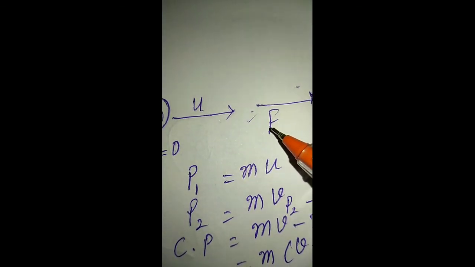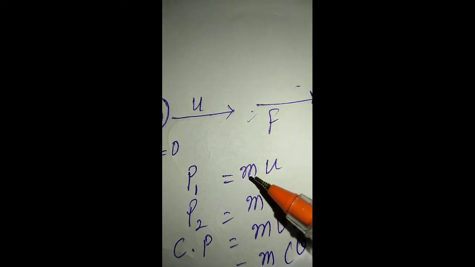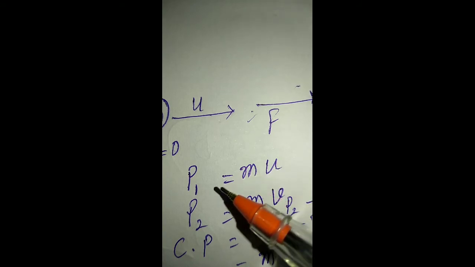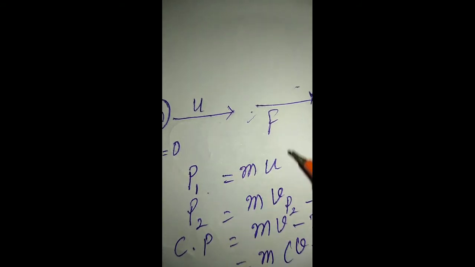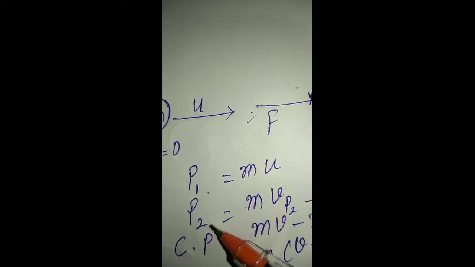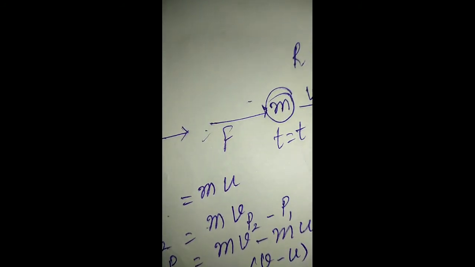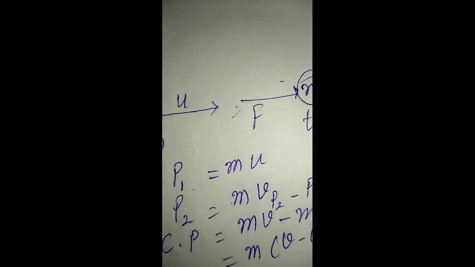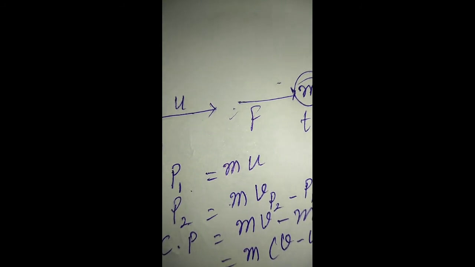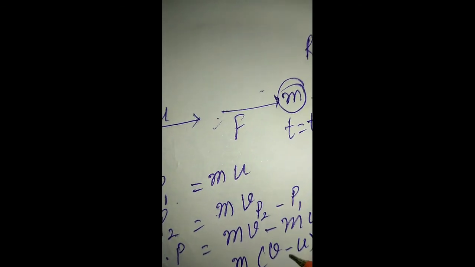Initial momentum is equals to mu, since momentum is the product of mass and velocity. Final momentum is equals to mv. Change in momentum is equals to final momentum minus initial momentum, that is mv minus mu. Then taking mass common, you will get m (v minus u).